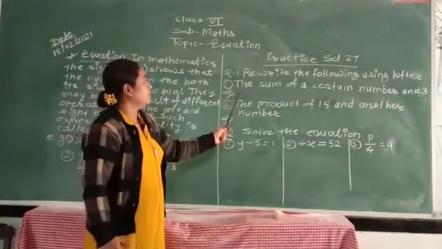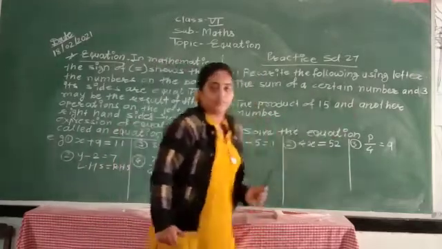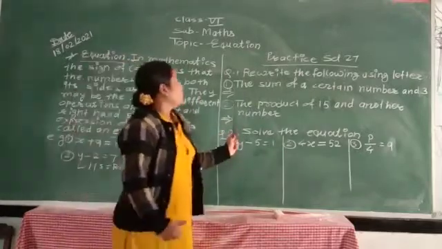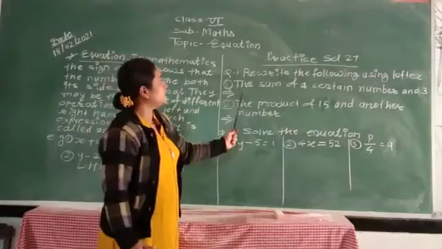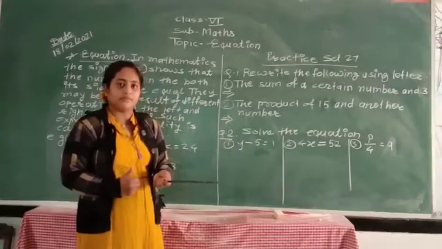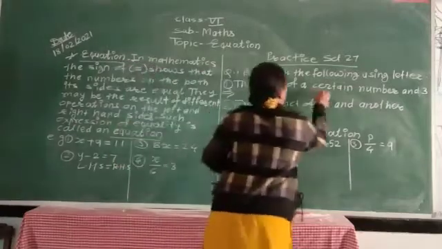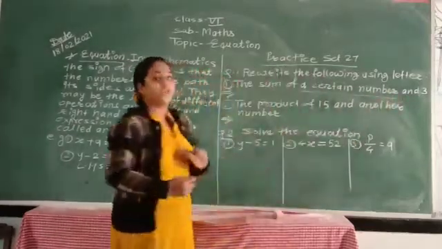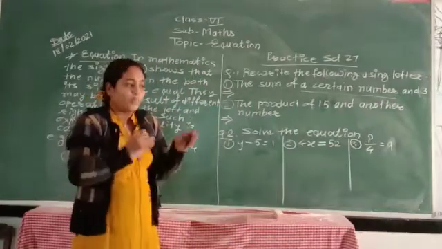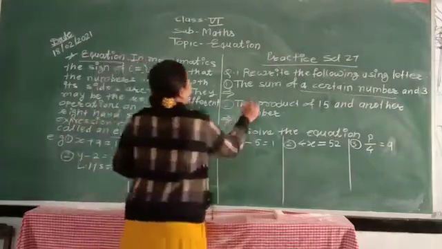First example, the sum of a certain number and 3. We have to write the expression for these words. Do we know the value of the certain number? No, we don't know the value of a certain number. So, if the value of a certain number is not known to us, we can write any alphabet from A to Z. I choose the alphabet b.